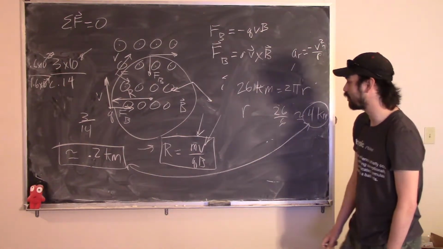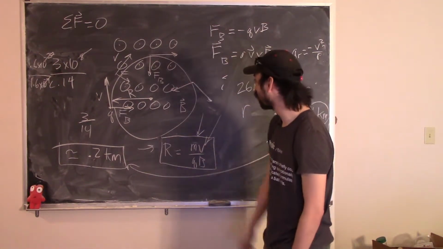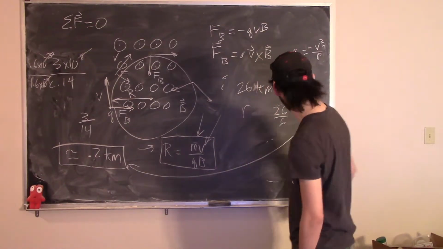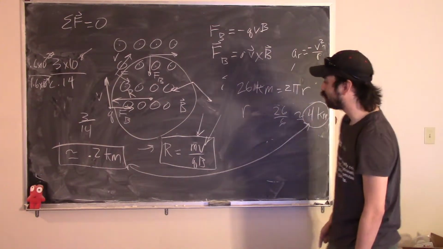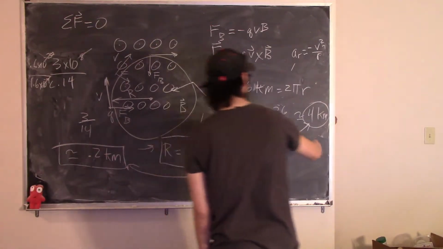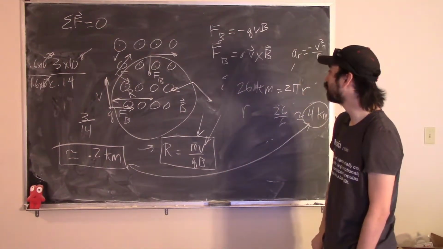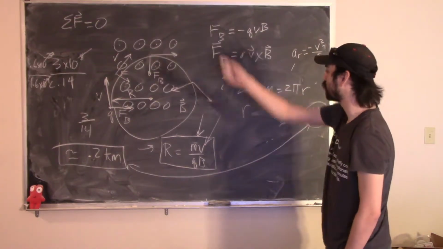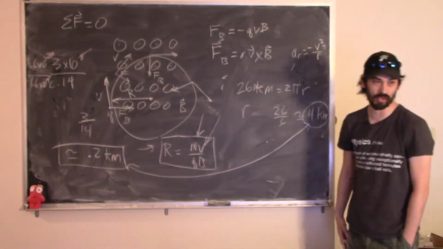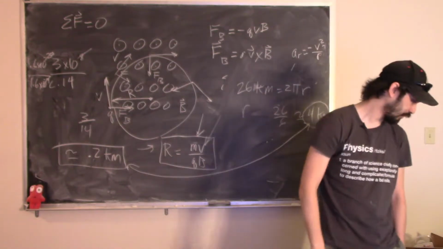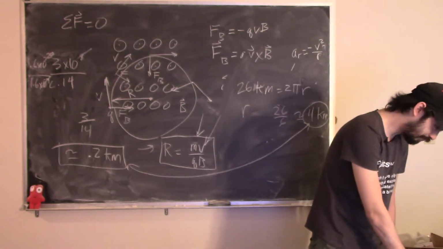You need a lot more energy than just the magnetic field that we're approximating here. But all things considered, 0.2 is not that far away from 4. There's a factor of 50, but that's kind of an interesting application of this question that we have here, using the dreaded numbers.